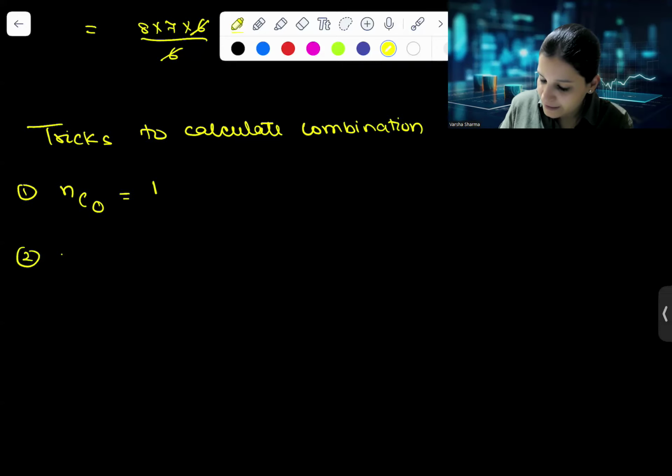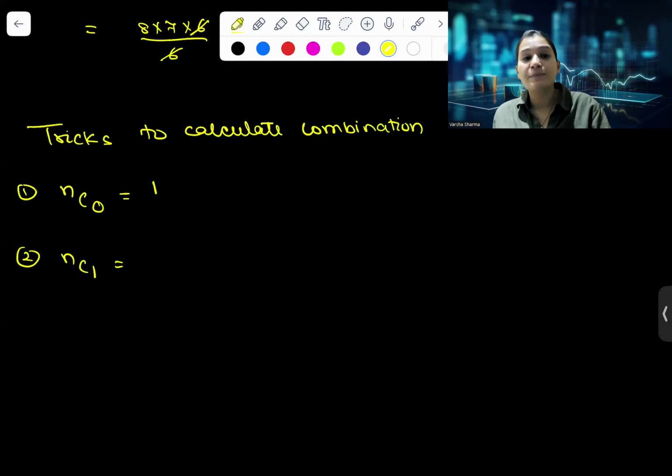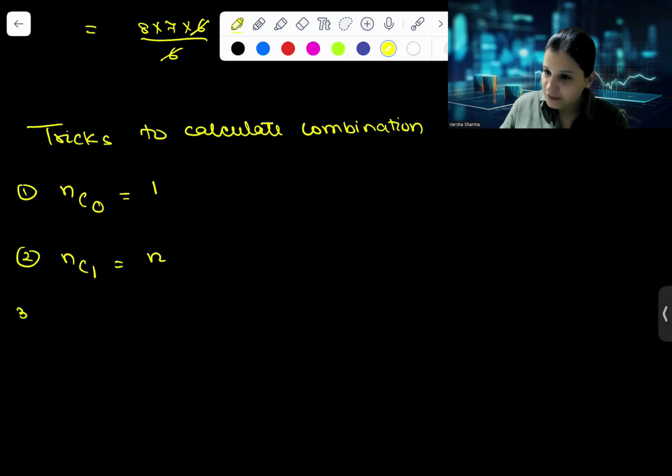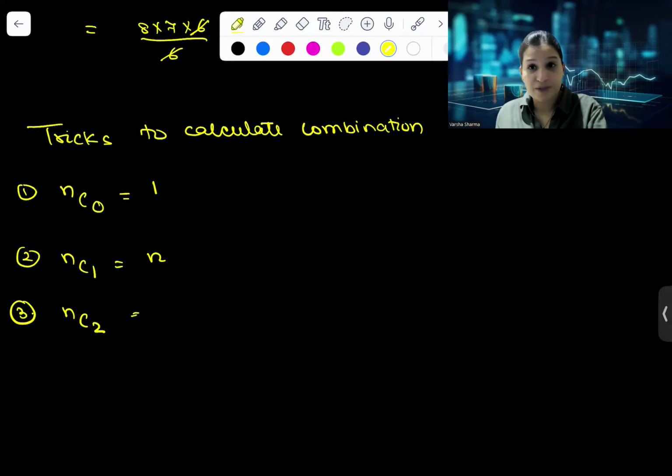If I have nC1, since I have 1, that means multiply only one number. And the first number that I'm allowed is n, divided by factorial 1, that is 1. Third, nC2. Since there is 2, I'm going to multiply two numbers.